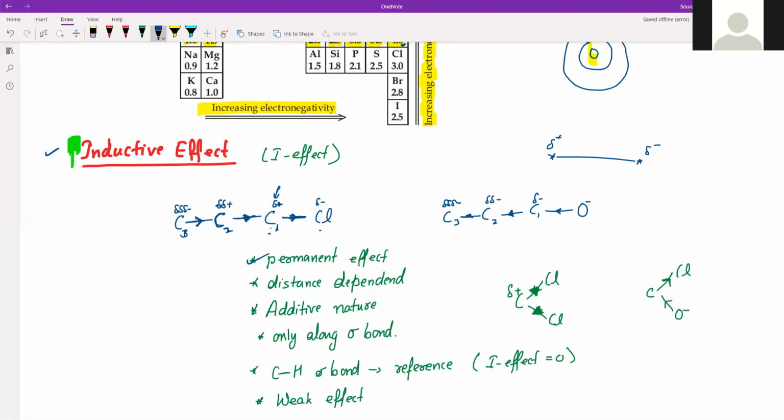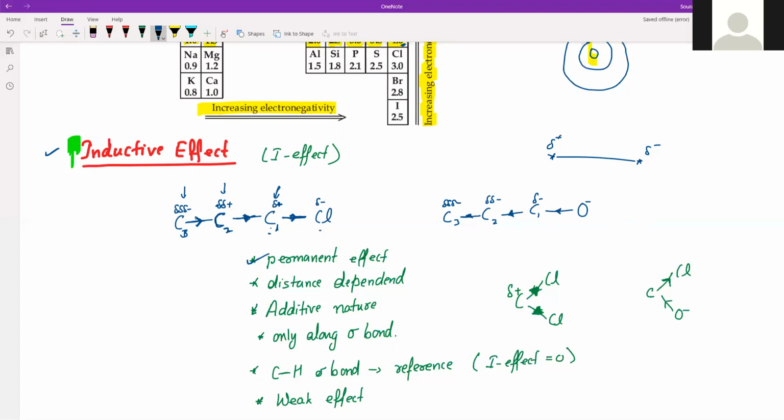As we go away, this positive charge will keep on reducing, or we can say that the inductive effect keeps on decreasing as we move away from the first site.